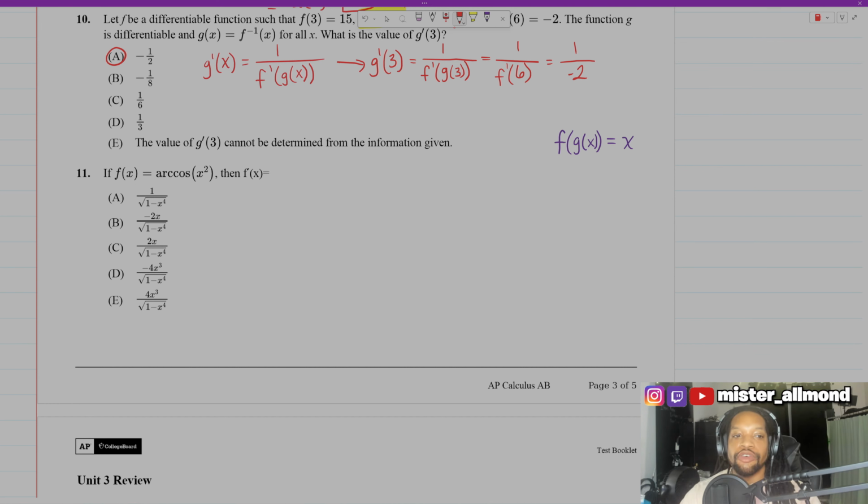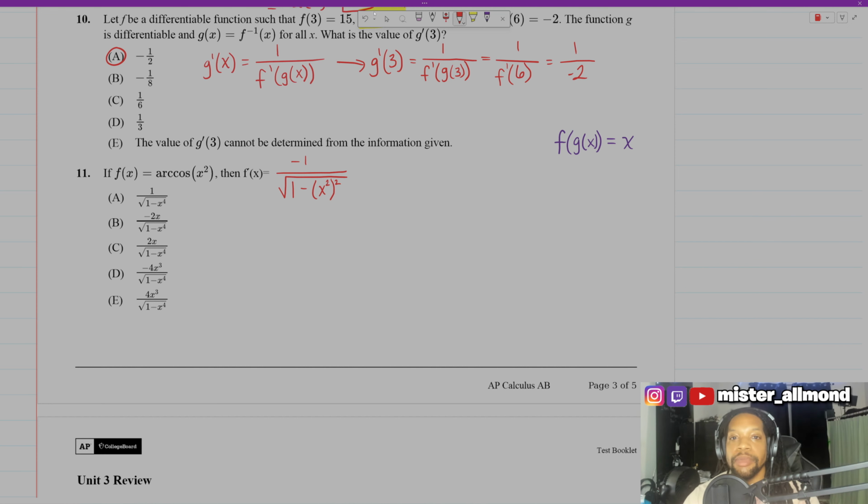So from here, I'm just going to remember the formula for the derivative of inverse cosine, which is going to be -1 over the square root of 1 minus, not x squared, but my input stays the same. X squared squared. That looks weird, and I can see people missing that.